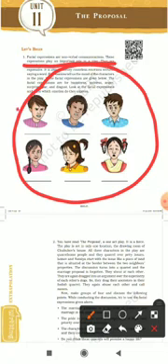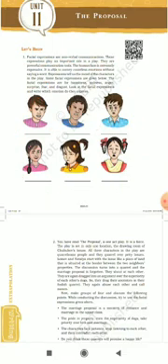You can see the first picture. Here in the first picture the child's face is showing disgust. This is showing anger. This one is showing fear. And here this girl is looking happy. So she is showing happiness. She is presenting sadness. And look at here. Here surprise is presented.